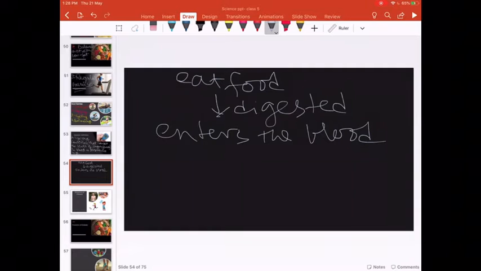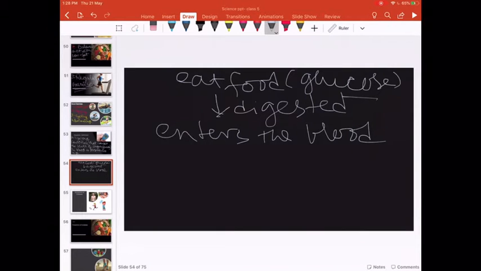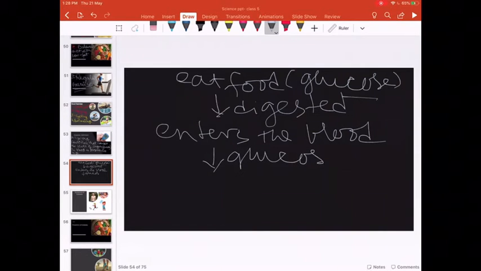For that reason, the digested food enters the blood. Now, digested food contains glucose. It enters the blood, and from here, what happens to the glucose?